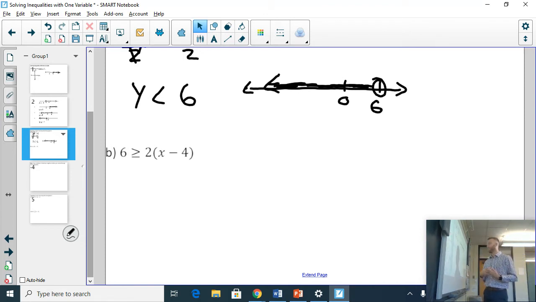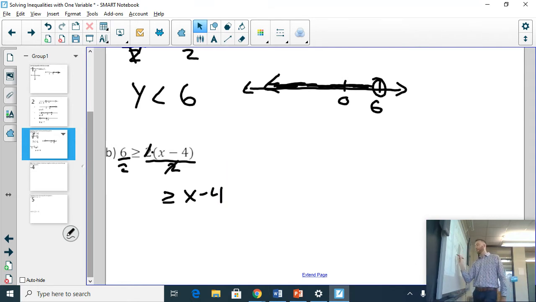So, one thing we could do is 2 is times this whole entire thing. So if we divide both sides by 2, these 2's are going to cancel out, and we're just going to be left with x minus 4. And then 6 divided by 2 is 3.